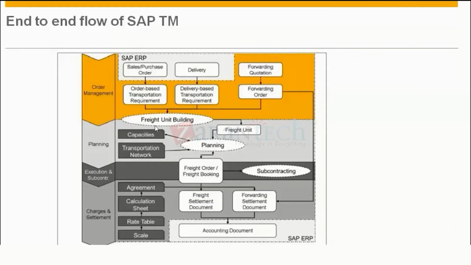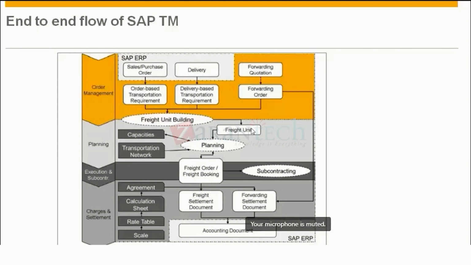Okay. So this freight unit is actually created based on a freight unit building rule. There is a rule which will define how many freight units will be created. Suppose in one delivery document you have 10 different products.